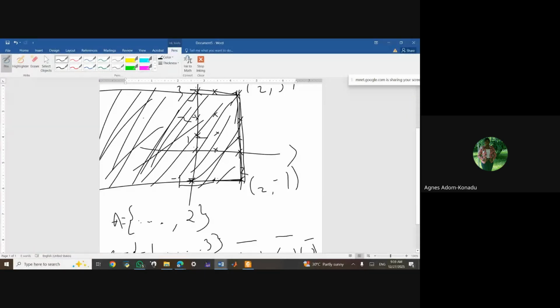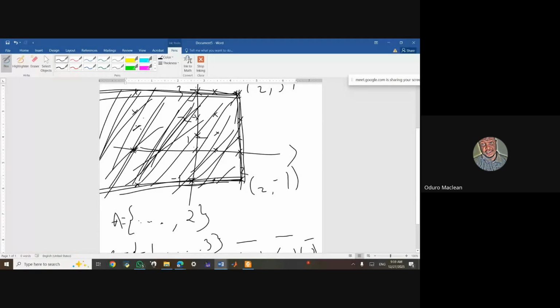You can choose any number, maybe -5. So -5, -1, -5, 0, -5, 2. So you see that when you choose them, it will be in a straight line like this. The endpoint will always be 3 and -1. Then you shade.